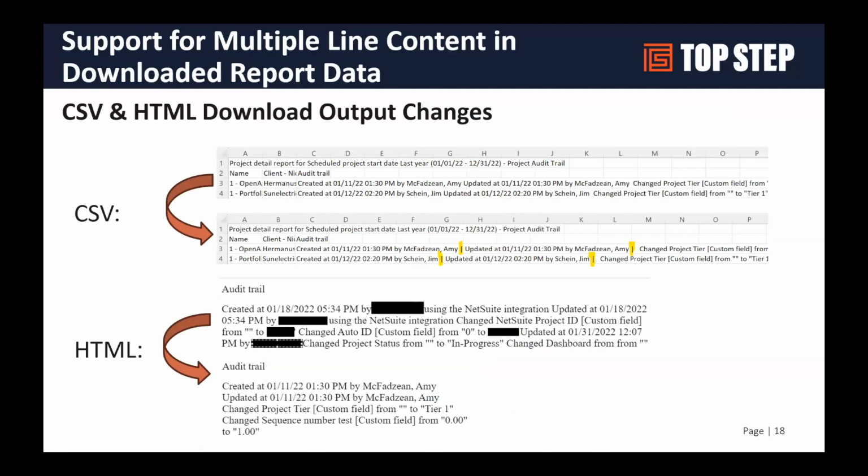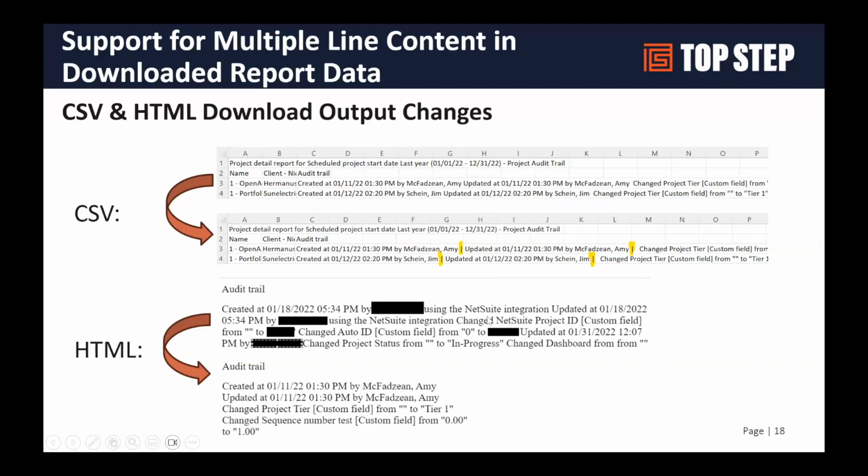In the CSV, you would get all these details inside of a single cell that you'd have to then figure out how to parse to get something meaningful. Now you get these pipe separators inside the data, so you can do a text to columns formula to use the pipe to separate each dated update, so you can more easily get to the data you're interested in.